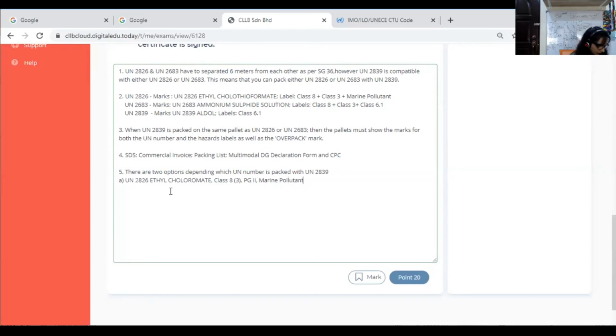And when you look at column 17 for 2826, you see the flash point is 29 degrees. So it doesn't matter where you put the flash point, before the marine pollutant or after. If you put it after also can, but you must indicate the flash point for the substance.